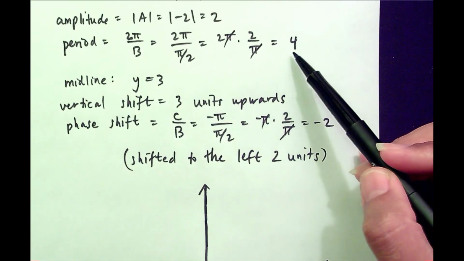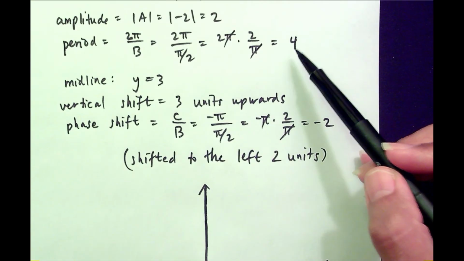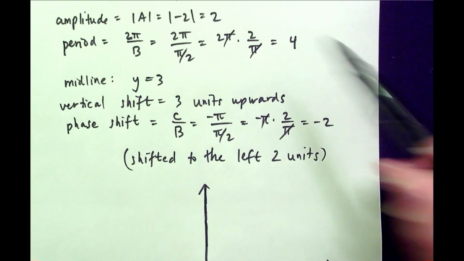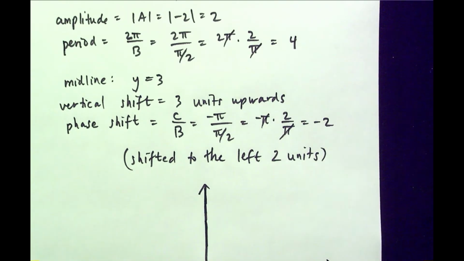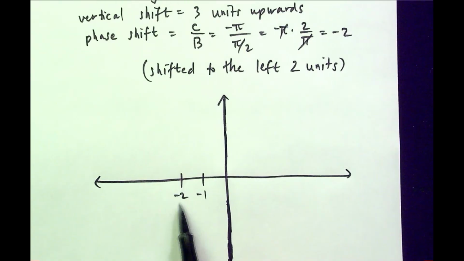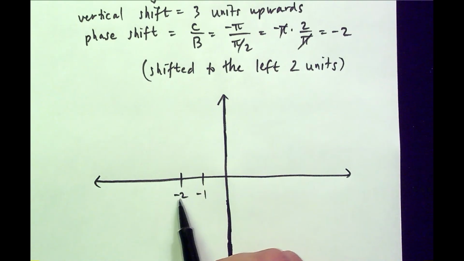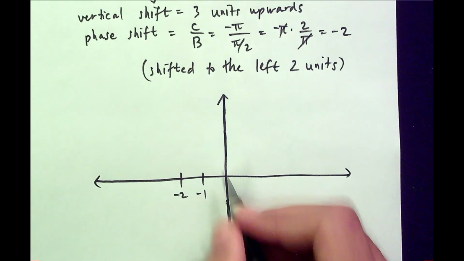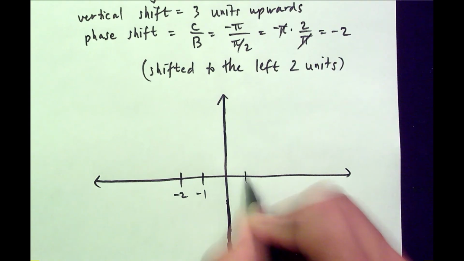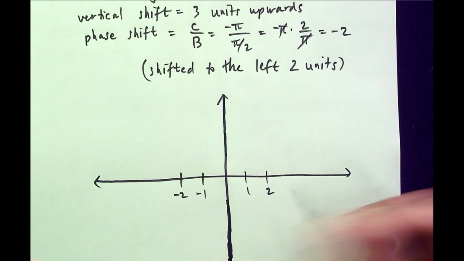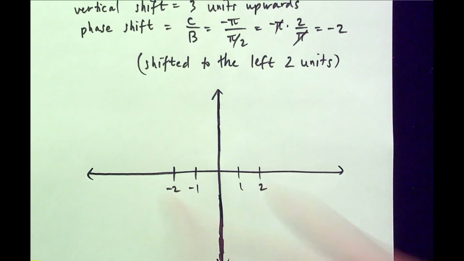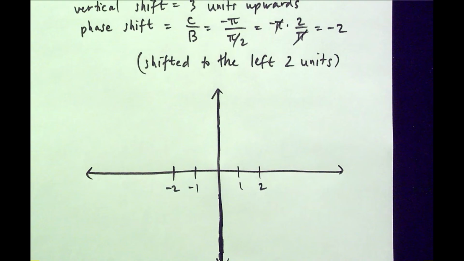So we're going to end 4 units later. This 4 doesn't mean we end at 4. It means we end 4 units later from our beginning. So if we start at -2, this is our first tick mark, we have to end 4 units later. That means -2 plus 4, so that would be +2. So you have 1 and 2. That is going to be our main interval right there, our main period. We start at -2, end at 2. Further than that, on either direction is just repetition.